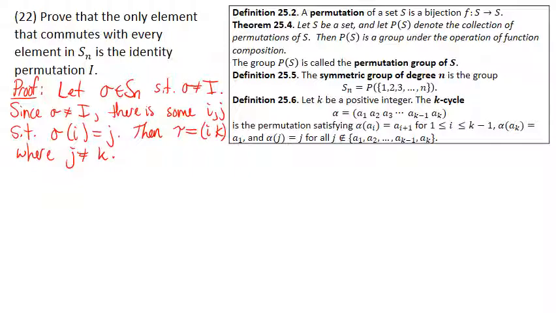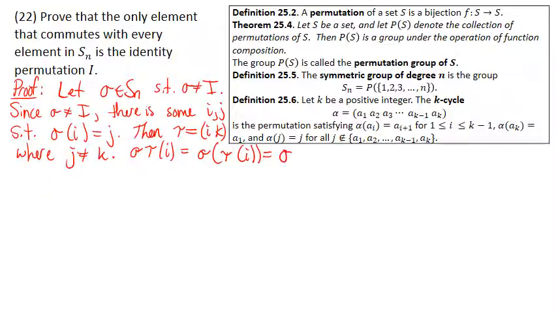Now I'm going to show that sigma and tau do not commute with each other. So let's try sigma of tau of i. First I plug i into tau, and tau of i is going to be k, because tau just transposes i and k.